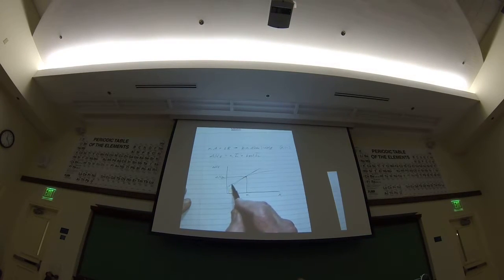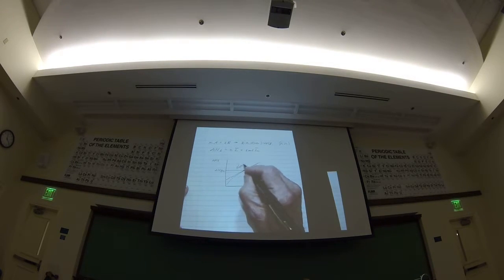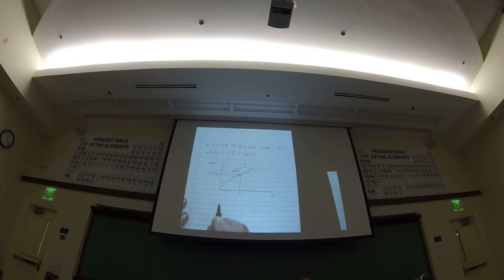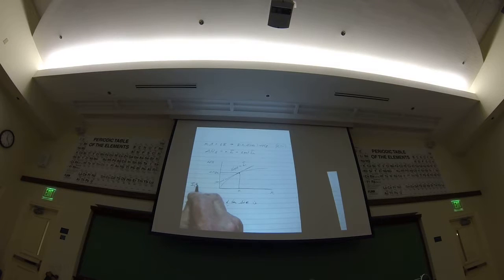The tangent is given by the intercept plus the slope times L1 bar.